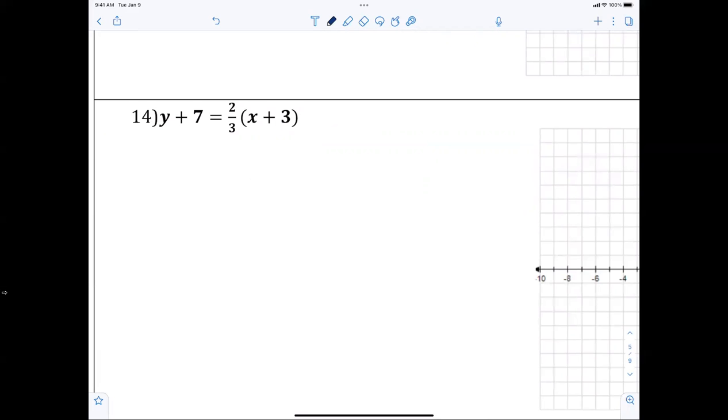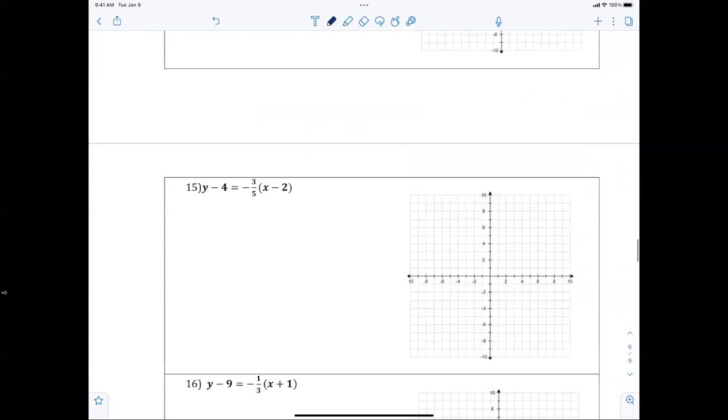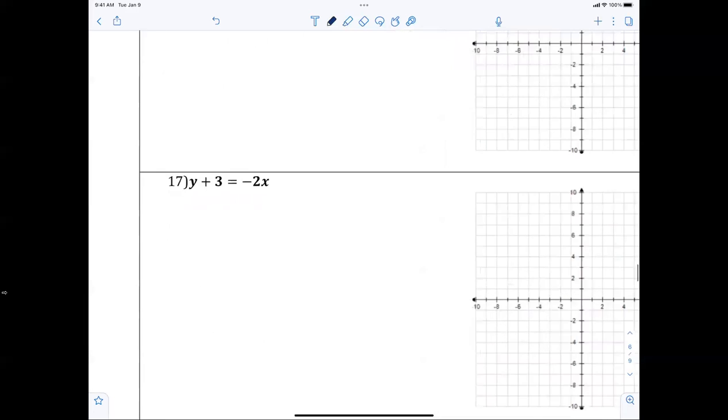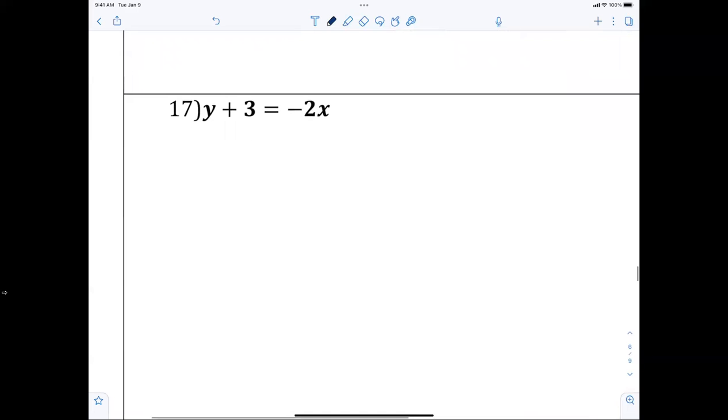What point are we talking about on number 14? -3, -7, and the slope is what? Come on, guys, simple, simple, simple. Now, the reason we have so many examples is because honestly, guys, it is super duper important. You're going to do it over and over and over. Now jump to 17. Let's see how smart some of you are for 17.